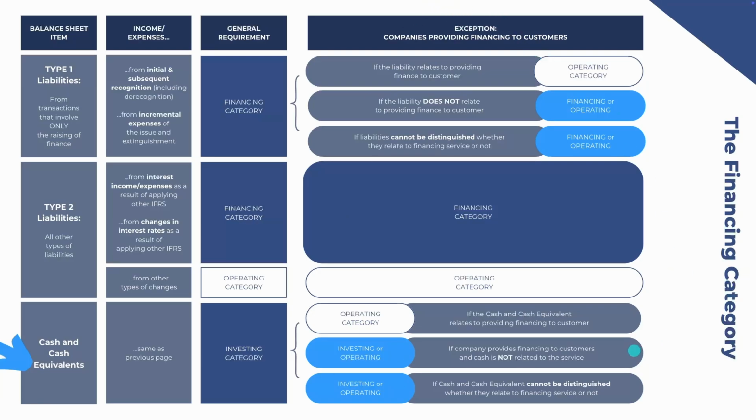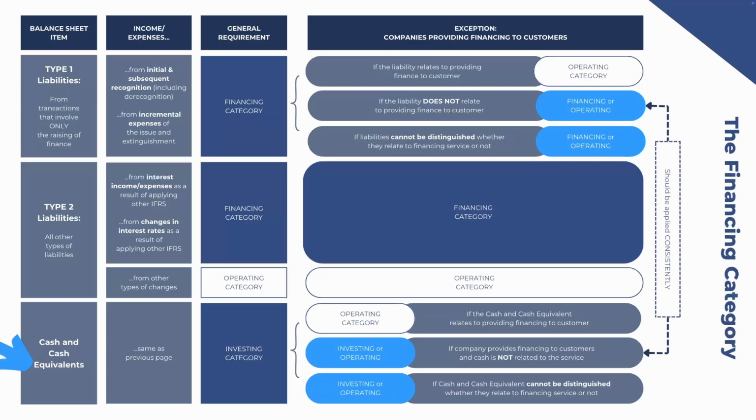Or if you cannot distinguish it just like before, you also have an accounting policy choice of investing or operating. You will see that the type 1 liability exceptions actually mirror the ones for the cash and cash equivalents. So it's just for you to easily remember things. We will talk about more examples later for practical applications.